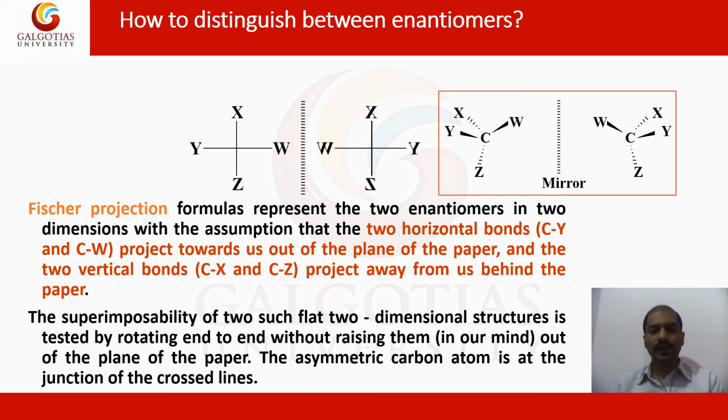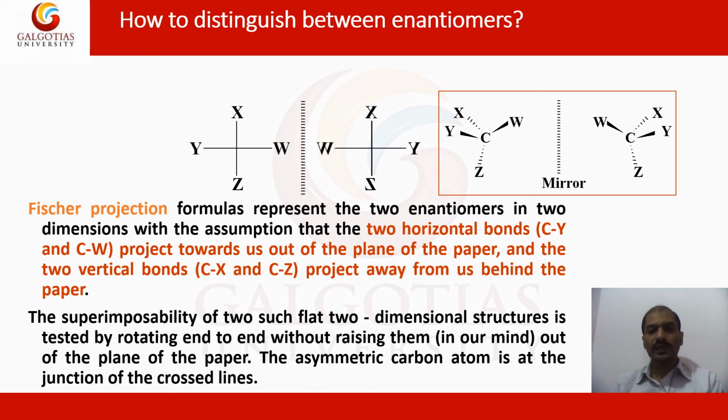There are different types of projections which we will discuss later, but here, for the sake of explanation, we have taken one Fisher projection. This is the projection or representation of any molecule which has different groups in a plane.